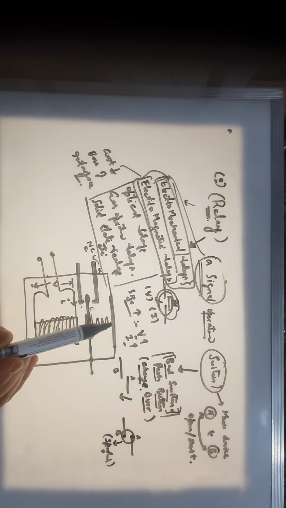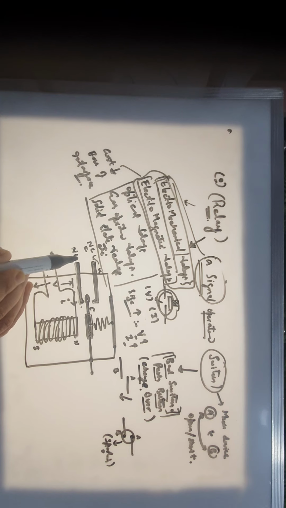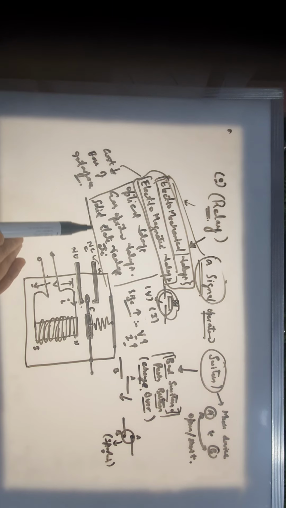So it will be the spring that will be putting this point C in contact with point A. So you will have a connection between NC and C, and at that time this second connector is open, it's not connected to anything, so you call it NO, that is normally open. So in the normal case, when you hold this relay in your hand, you haven't connected this, so you will keep one thing in mind, that at that time this NC, the normally connected connection, will be connected with the common, C will be known as common now.